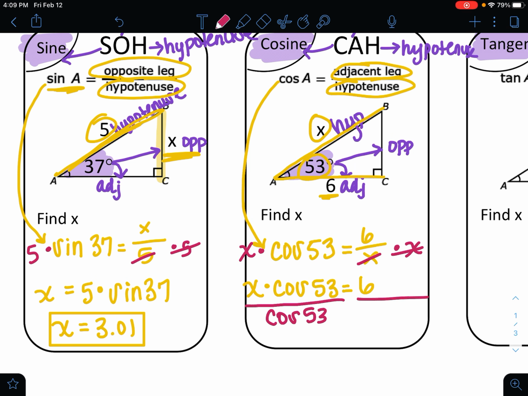You cannot separate the cos from the 53. They are a unit. They have to go together. If not, they don't make sense. That's going to cancel out the cosines. It's just like regular algebra, but with weird looking stuff. So now the x is by itself, and we're left with 6 over cosine 53.